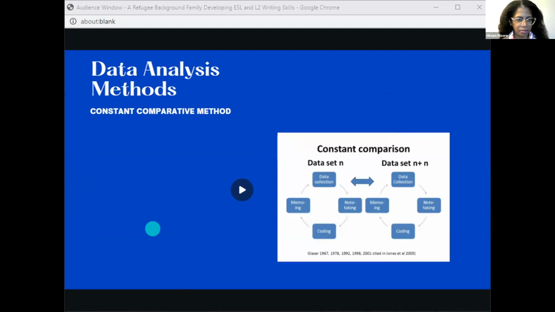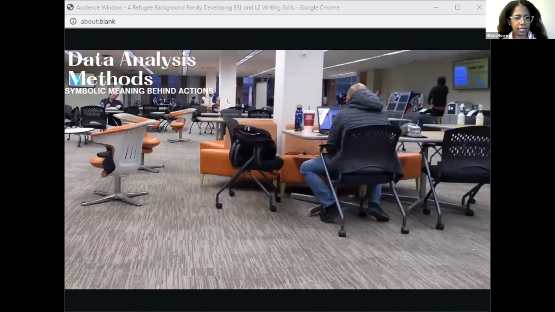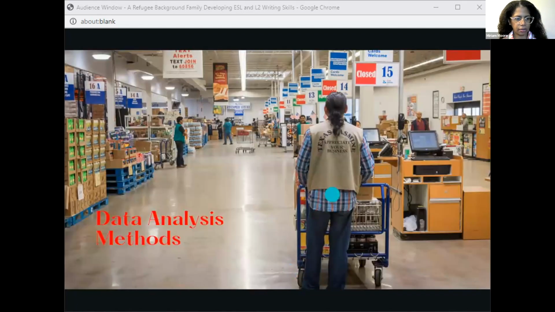This was the constant comparative method, comparing what's in your hand with theorizing what might be in the data. The traditional context that we're accustomed to seeing is learning English in a formal environment. And then the non-traditional context, learning on the job. And then the other context was learning at home.